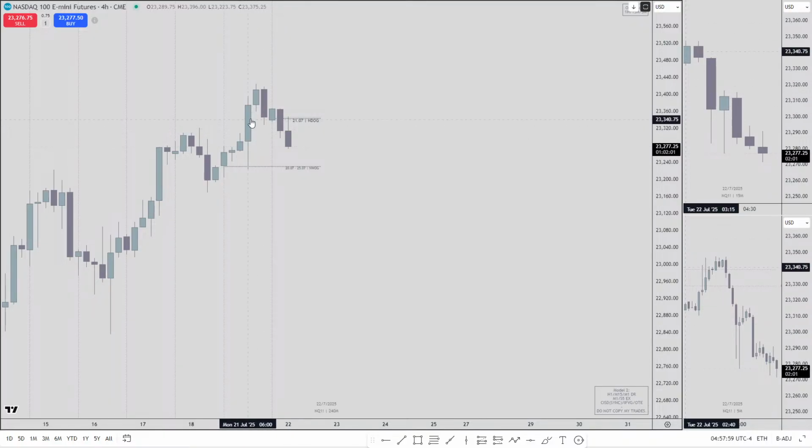I think if we can close below this 4-hour bullish fair value gap, it's gonna bring us down here and here, probably. So Monday expansion higher is actually just a Judas swing. Nasty.